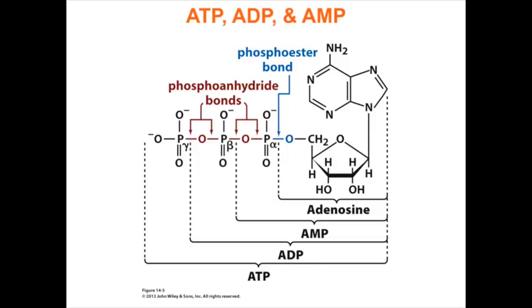The phosphoanhydride bonds we talked about as being more unstable, and so they are more energetic and release more energy when they're broken. The phosphoester bond is more stable, so it doesn't release as much energy. But this is generally how we transport energy in the cell in terms of ATP.